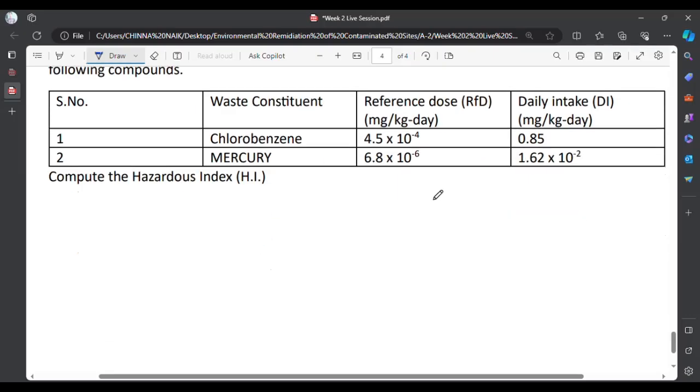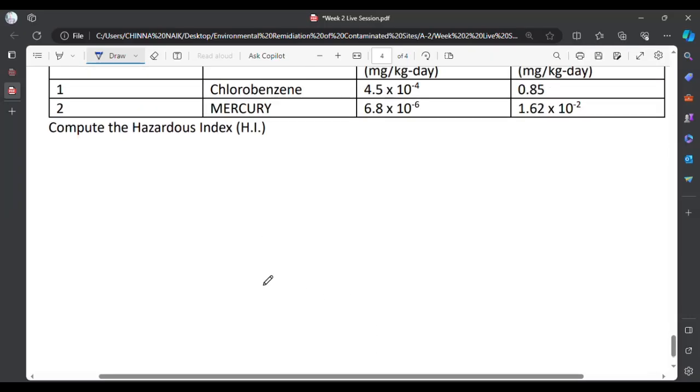Answer is. Okay, combined. You guys tell me the combined answer. After calculating the hazard coefficient for chlorobenzene and the hazard coefficient for mercury separately, combine them. Tell me the final answer.